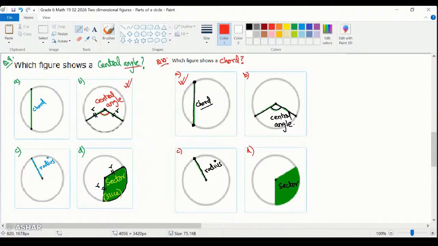Option B is a central angle. Option C is a radius. Whereas option D was a sector. Do we agree? Do we agree on this? Option number A is the answer for question number 10.